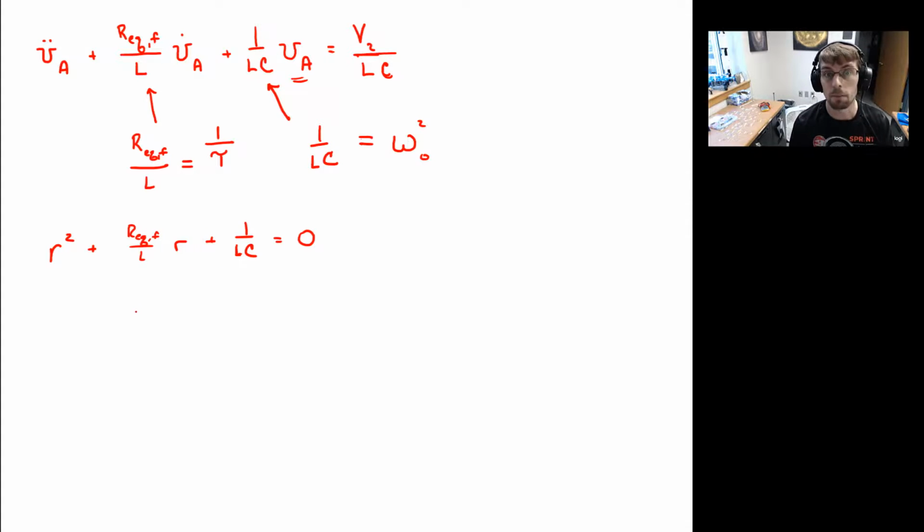And we go ahead and apply our quadratic formula. So this step is rather boring, actually, right? I mean, you're just applying your quadratic formula. 1 over REQ final over 2L plus or minus, and I'll take that 1/2 and move it inside the square root.